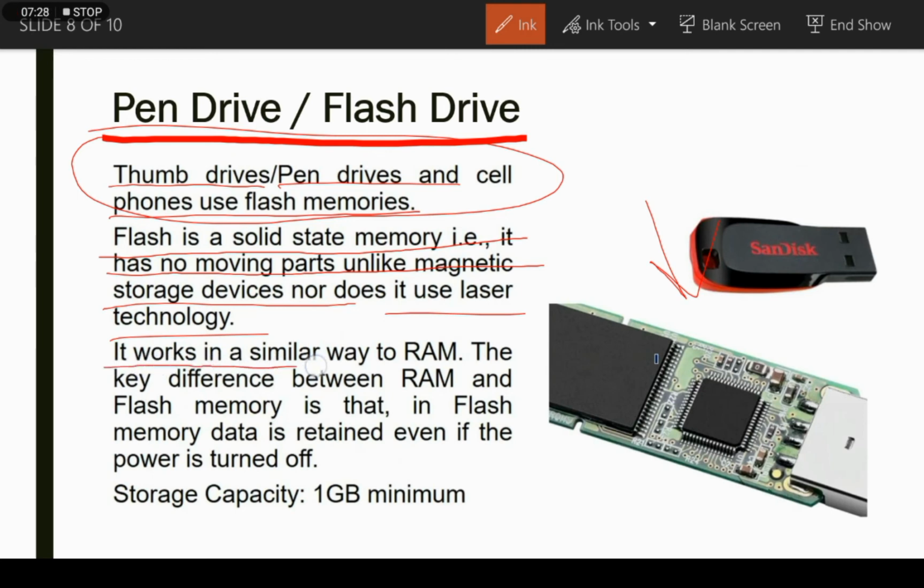It works in a similar way to RAM. The key difference between RAM and flash memory is that in flash memory, data is retained even if the power is turned off.